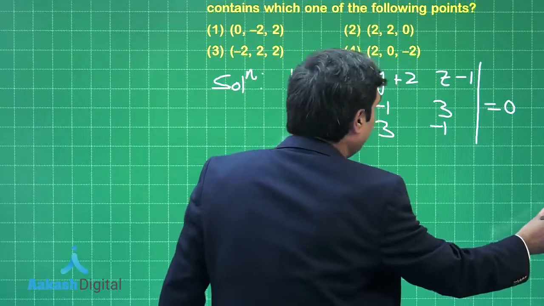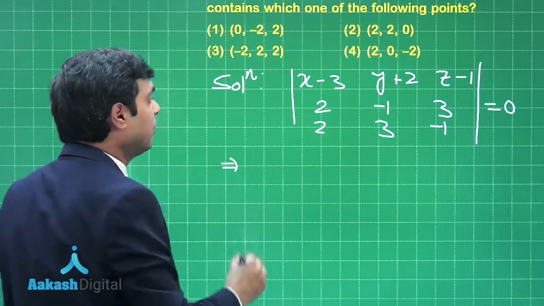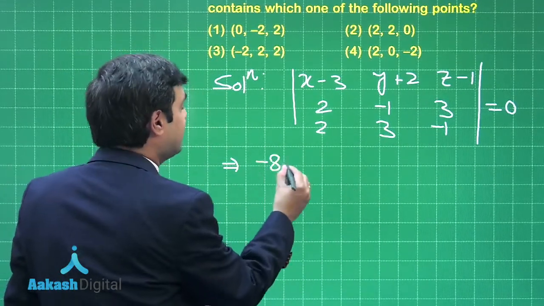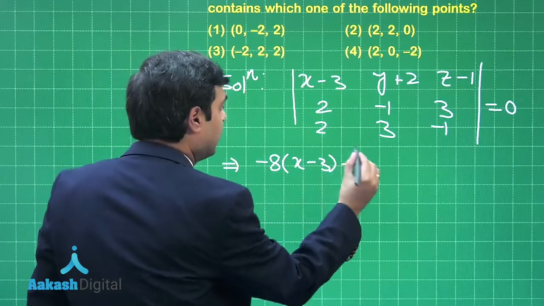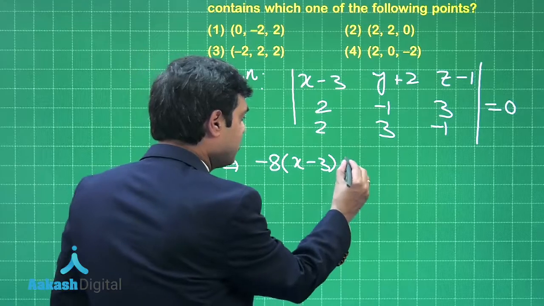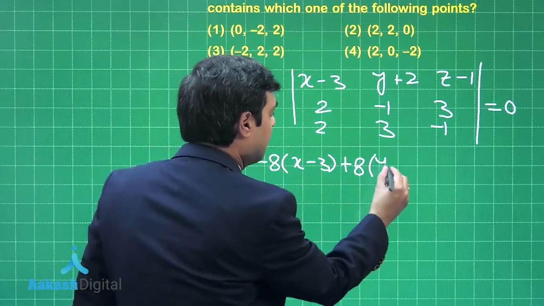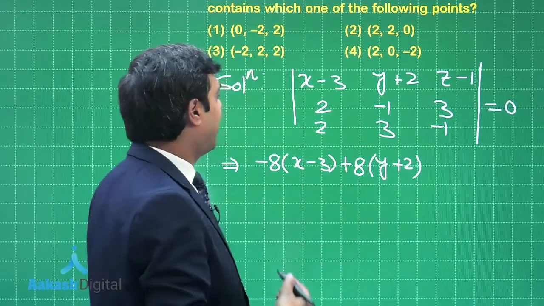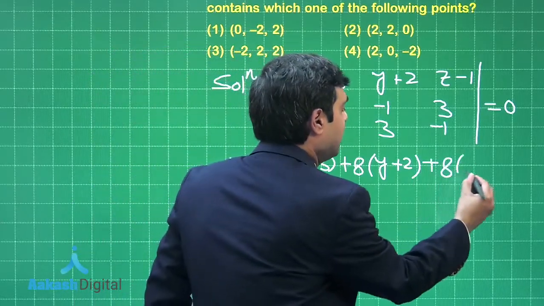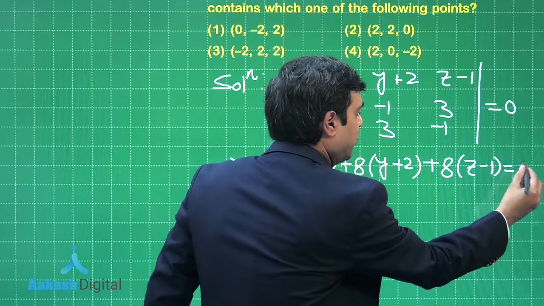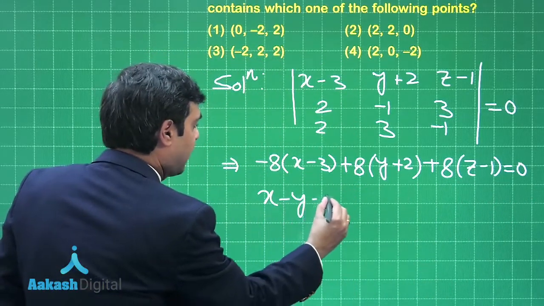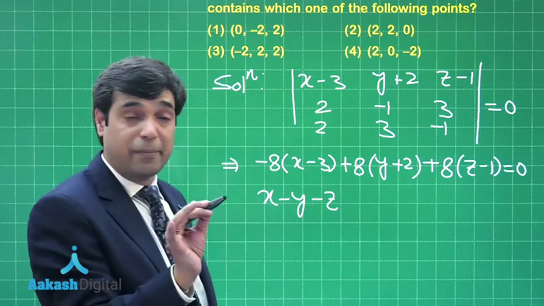Just simplify this equation. This gives you 1 minus 9, that is minus 8 into x minus 3. Moving ahead, minus 2 minus 6, that is minus 8. So, it becomes plus 8 y plus 2, then 6 plus 2, that is plus 8 z minus 1 is equal to 0, or we can rewrite it as x minus y minus z dividing by minus 8.